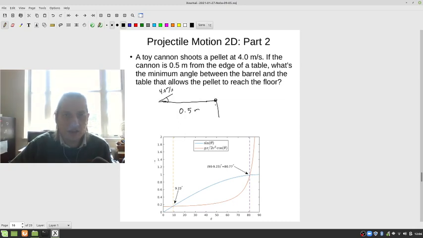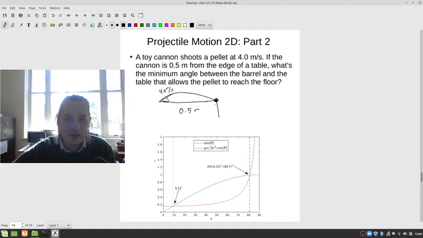In this case, you're solving the problem where you start at an angle, you end at the end of the table, and it asks, what's the minimum angle between the barrel and the table that allows the pellet to reach the floor? Well, it's essentially the same as the football problem that I gave you before, except you're ending at the same height as you start out at, and the other thing is that instead of not knowing the initial speed, you don't know the initial angle.